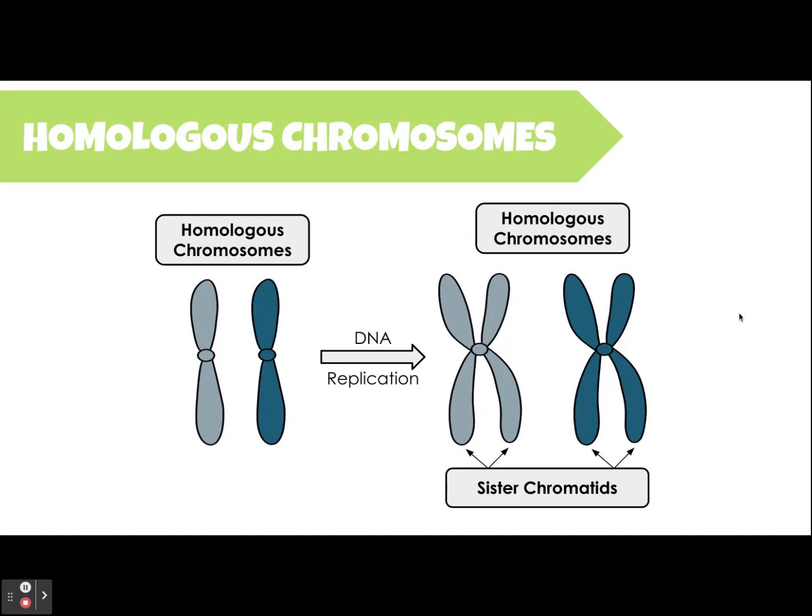Same thing with the dark blue here. That was one chromosome before DNA replication. After DNA replication, it has that sort of X shape to it. That is because there are now two pairs of sister chromatids. This is still two chromosomes, but four chromatids. Okay, that can be a little bit confusing, especially thinking back to mitosis and meiosis with DNA replication.